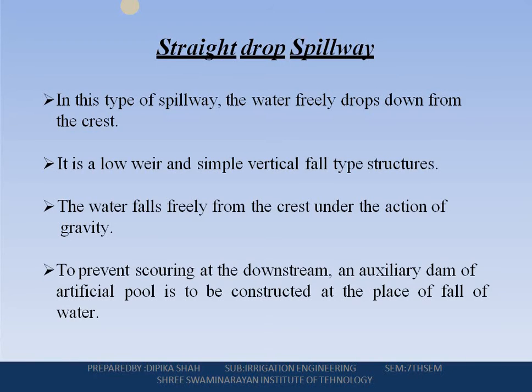So in this type of spillway, water freely drops down from the crest. So it is a low weir and a simple vertical fall type structure. The water falls freely from the crest under the action of gravity, and to prevent scouring on the downstream, an auxiliary dam or an artificial pool is constructed at the place of fall of the water.